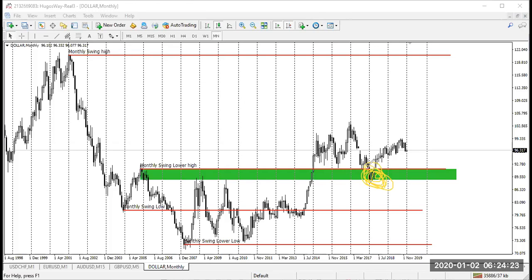Right here, resistance, broken through to support right here. All right. So now from here, our next potential swing high is here. So now this trend here has been broken.